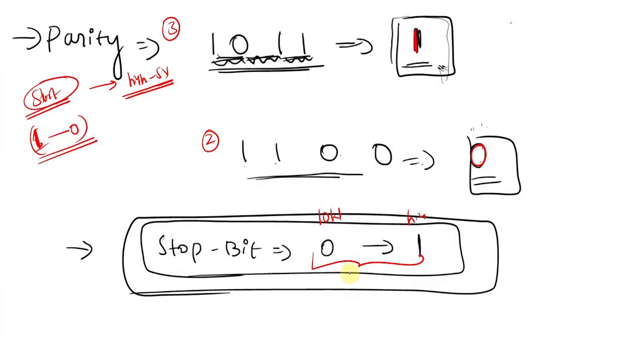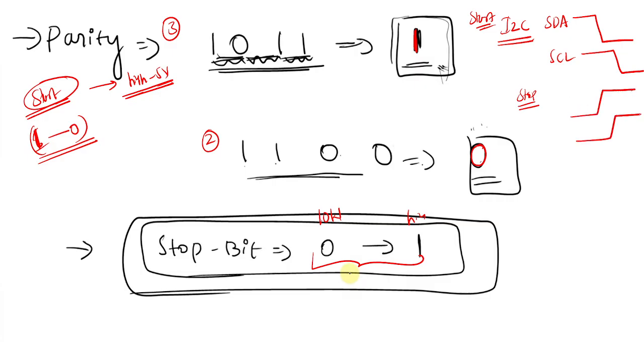In I2C also we have a start condition and a stop condition. In the start condition, first SDA goes from high to low, and after that SCL goes from high to low. The stop condition is the reverse: first SCL goes from low to high, and after that SDA goes from low to high.